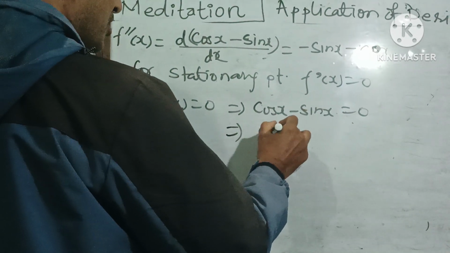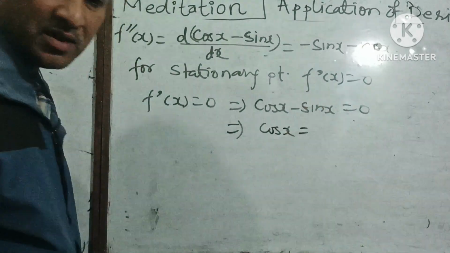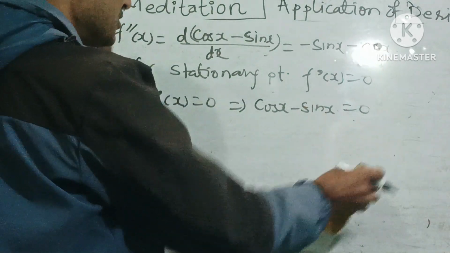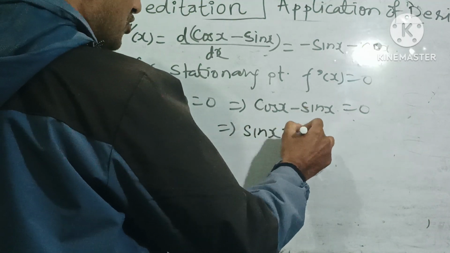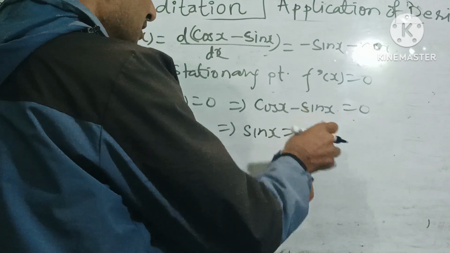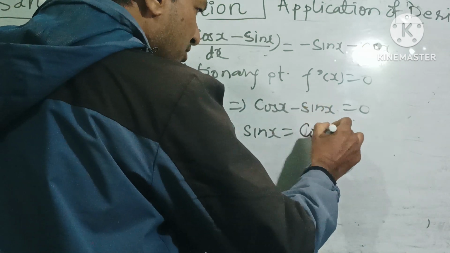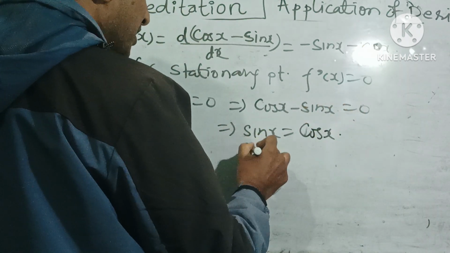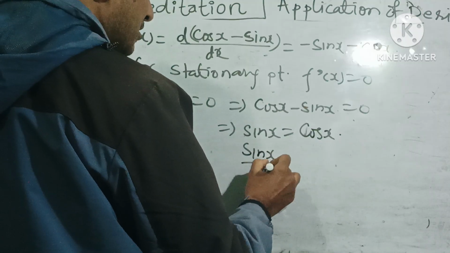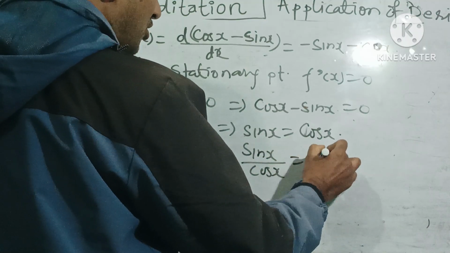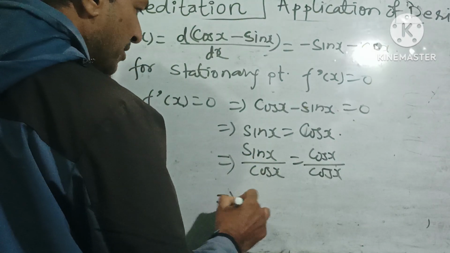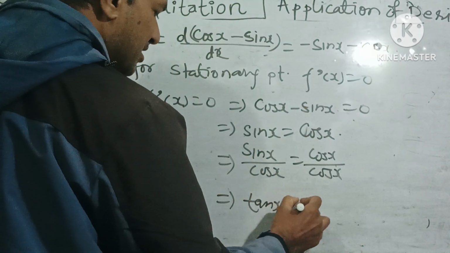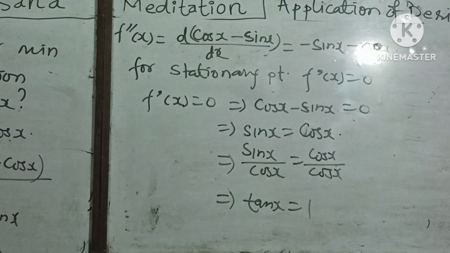It means sin x is equal to cos x. So sin x by cos x is equal to cos x by cos x, which implies tan x is equal to 1.